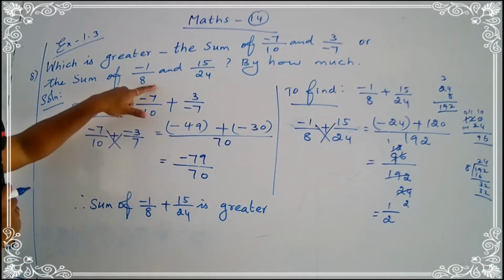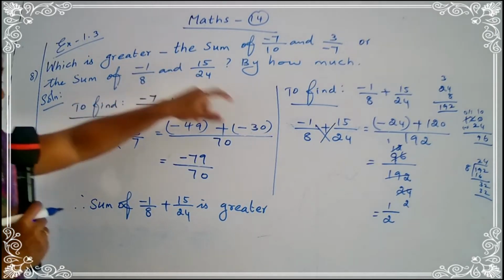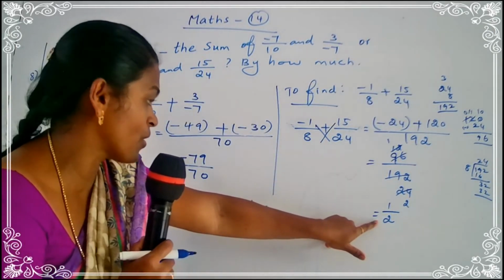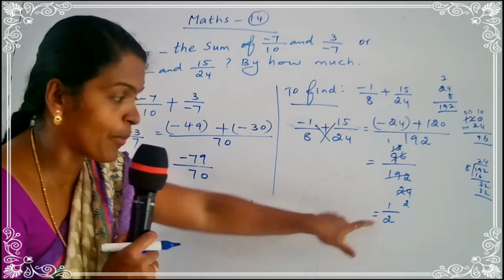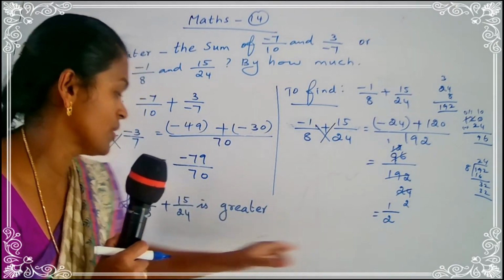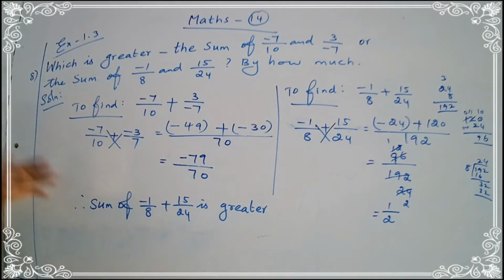And the sum of minus 1 upon 8 and 15 upon 24 is 1 upon 2. So surely 1 upon 2 is greater. Why? This is a positive value. So the sum of minus 1 upon 8 and 15 upon 24 is greater.